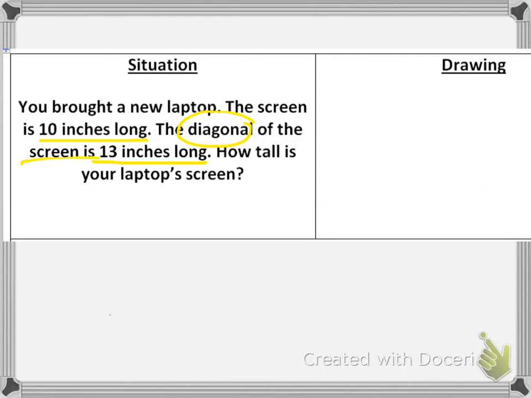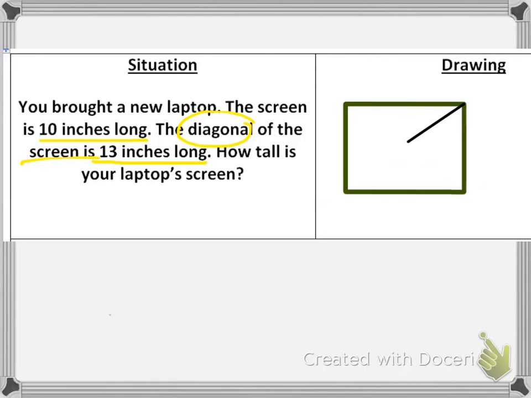Okay? Now, I want to draw a picture. We're talking about a laptop, so it's going to be some box shape. And then we talk about a diagonal, so I'm going to draw a diagonal from one vertex to another vertex of that figure. Now I'm going to label my dimensions.